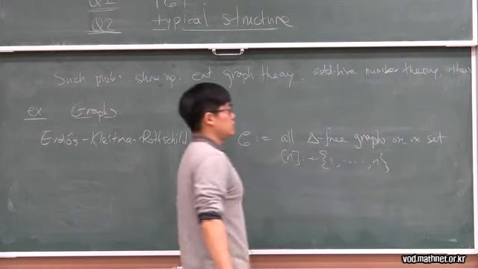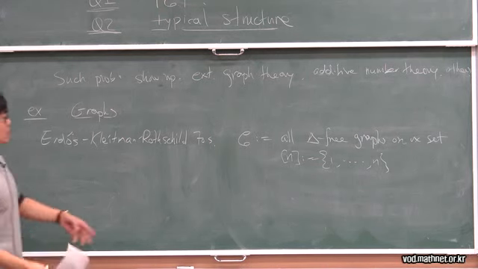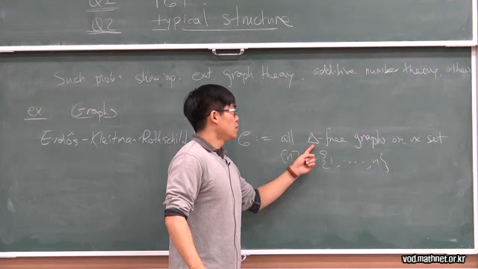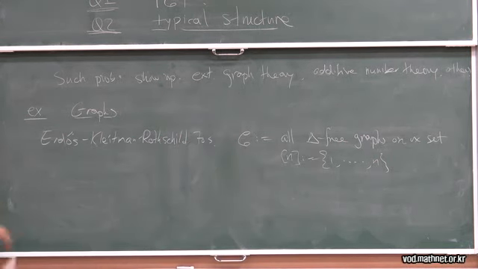I will use bracket n to denote the first n integers. So these are labeled graphs, and the property of this family is that they do not contain a clique of order 3 as a subgraph.